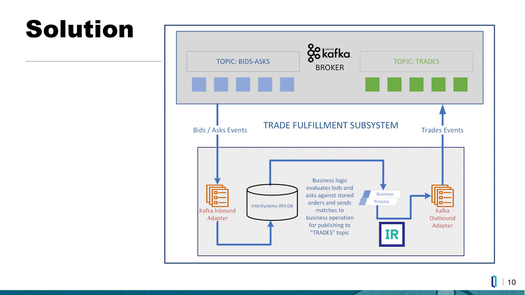And at the bottom part of the slide, we've got an InterSystems IRIS instance, and it's got these out-of-the-box Kafka inbound and outbound adapters plugged in, and the inbound adapter is receiving, or subscribed to, the bids and asks events, and when the events are received, it goes into the InterSystems IRIS database, and then we use some business logic to evaluate the bids and asks against the stored orders, and then we send the matches to a business operation for publishing to the trades topic through the outbound adapter.